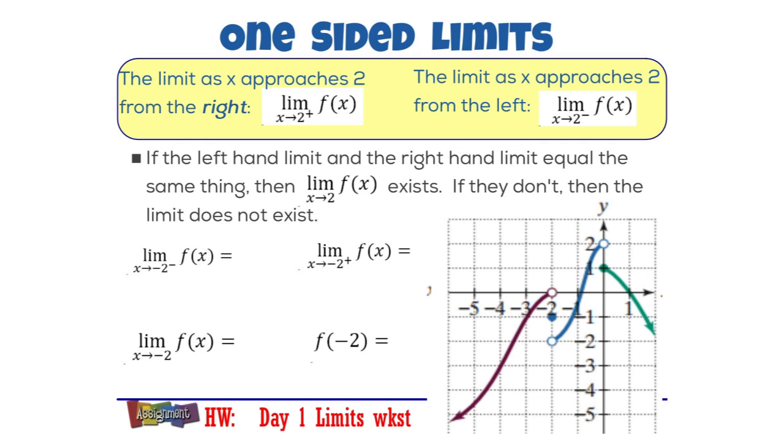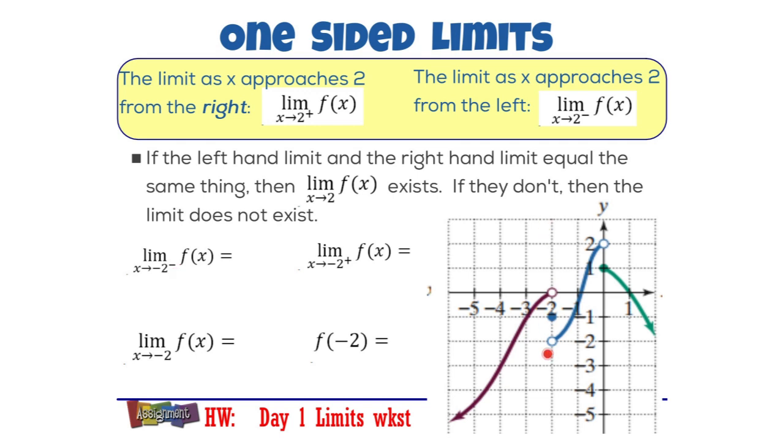Okay, now let's try this one right here. I have kind of a fun graph of a lot of pieces going on. Got some open dots. I got a closed dot there that fills in for where these open dots are. Let's look at all the different types of problems we've covered today. All right, so here it is. I'm looking at the limit as x approaches -2 from the left.